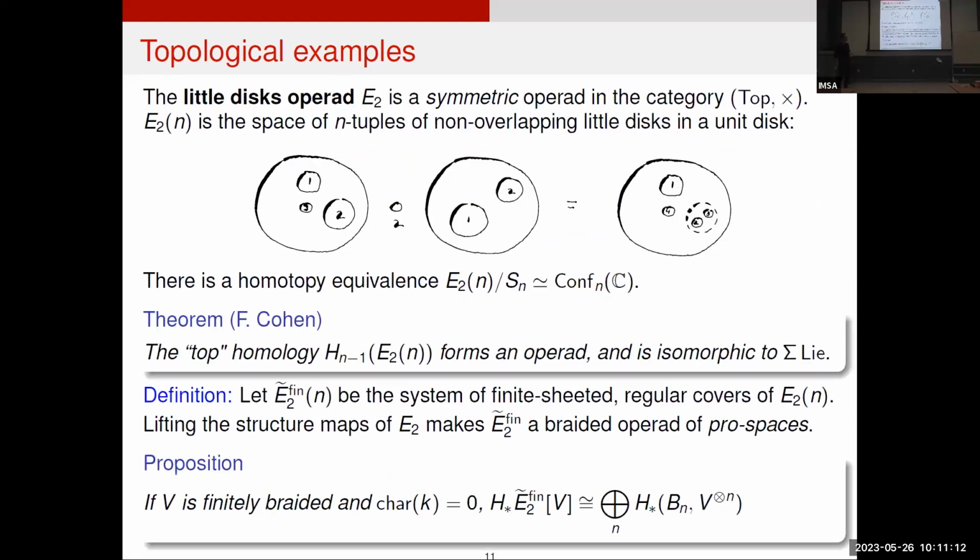There's a topological example. We'll get back to Manuel's question. So the little discs operad is a symmetric operad in the way we normally think about it in the category of topological spaces. But I can think of a symmetric operad as a braided operad. This is a map from the braid group to the symmetric group. And I can just draw the picture that we all draw to tell you about the composition.